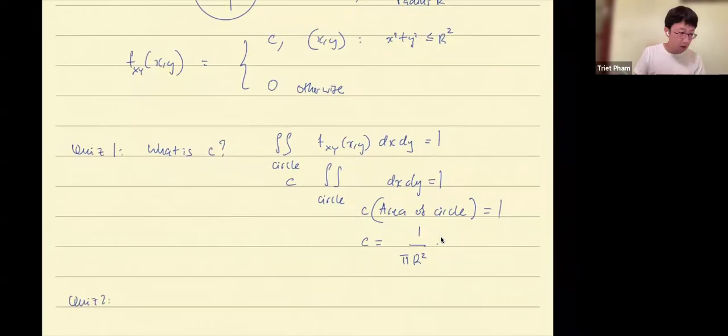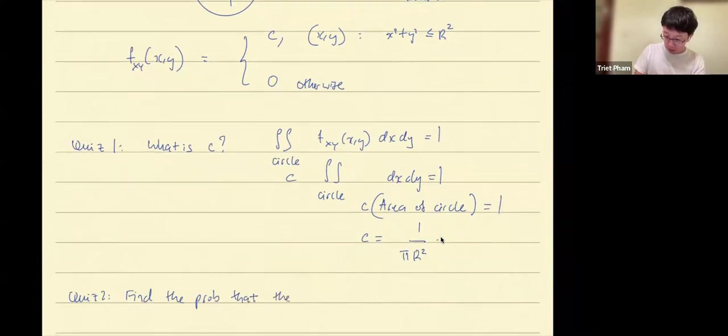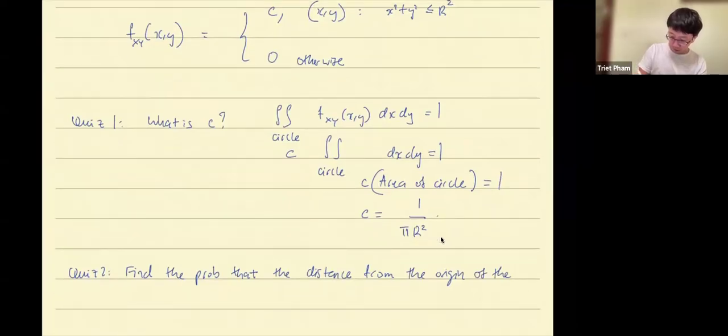Second question: find the probability that the distance from the origin of the point selected is less than some value a.